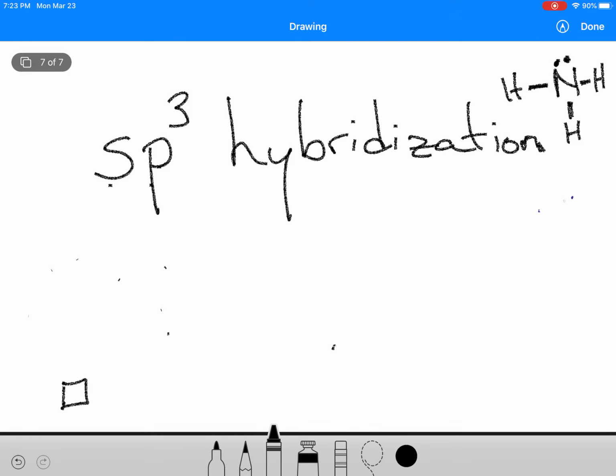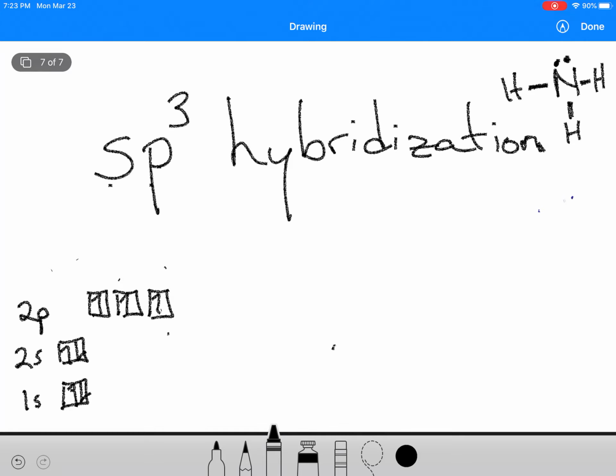Let's look at how. Let's go ahead and put out the orbital diagram for a nitrogen atom. 1s2, 2s2, and I know it goes into the 2p's. Let me put my 2p orbitals over here. So 1s2, 2s2, and a nitrogen atom is 2p3. Okay, there we go.